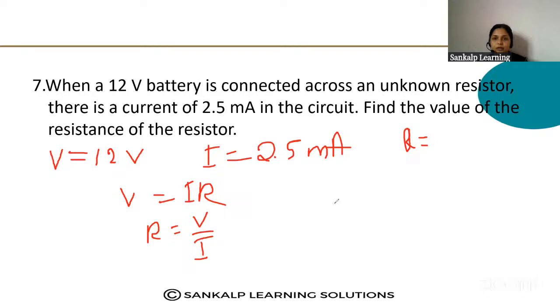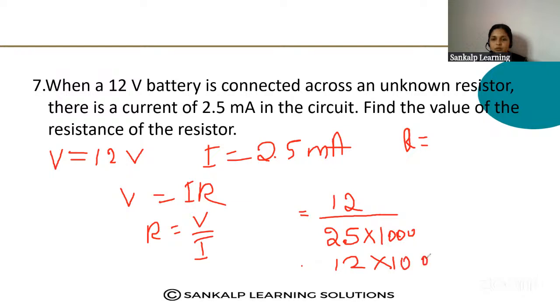You already know the value of V, that is 12, and I is 2.5 milliampere. I will write it as 2.5 into 10 raised to minus 3, that is 1 by 1000. Then this 1000 moves upside: 12 into 1000 divided by 2.5.